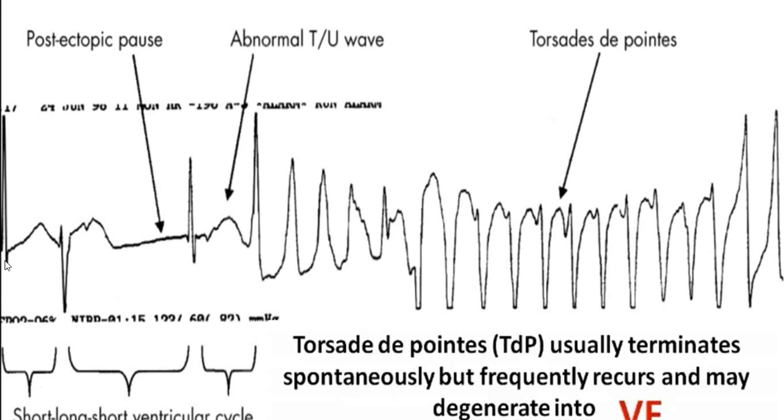So short QT, long QT, again you have got a short QT and there is R on T phenomena followed by a polymorphic ventricular tachycardia. So Torsades De Pointes usually terminates spontaneously but frequently recurs and may degenerate into ventricular fibrillation.